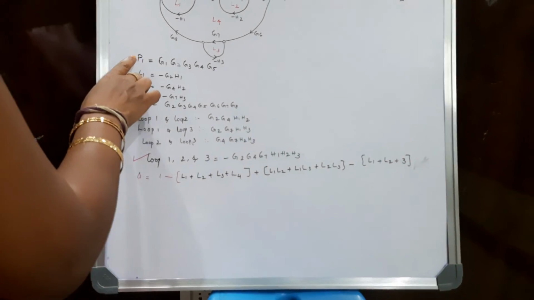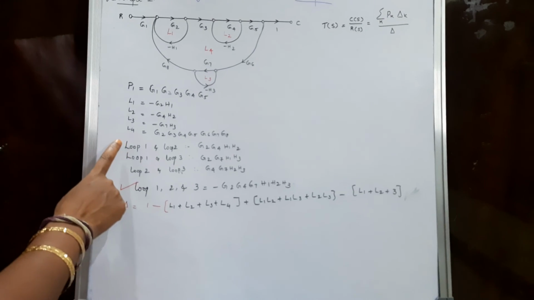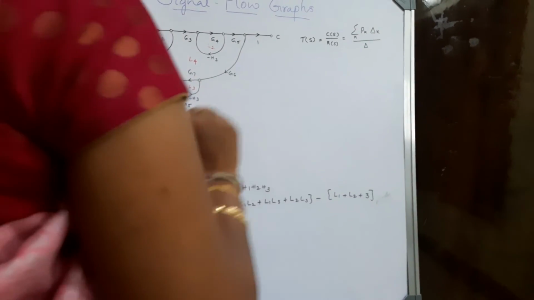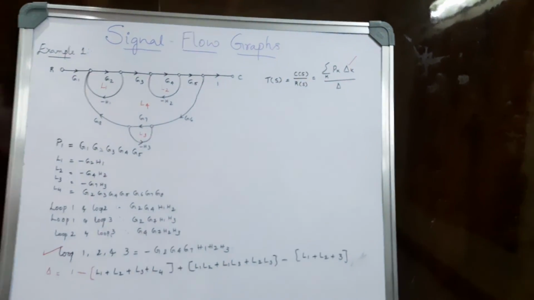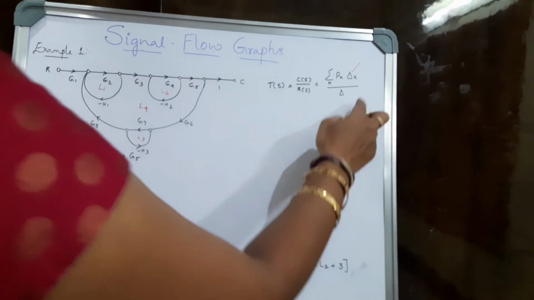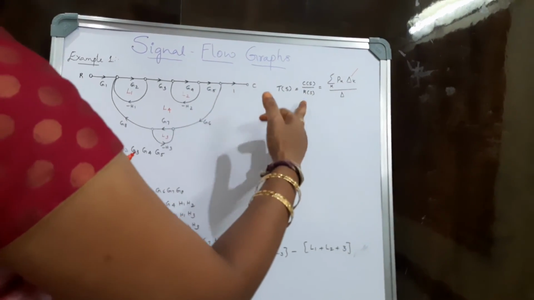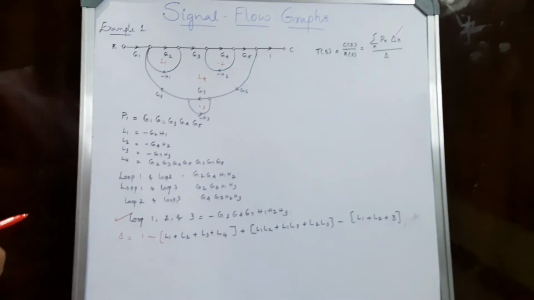So I have just found out the forward paths here, loops here, the non-touching loop combinations here, and delta. But what is remaining is delta k, in order to substitute in this formula of Mason's gain, so that we can find the given transfer function.